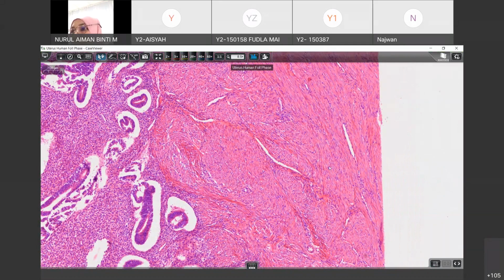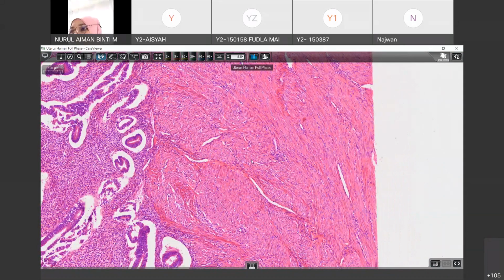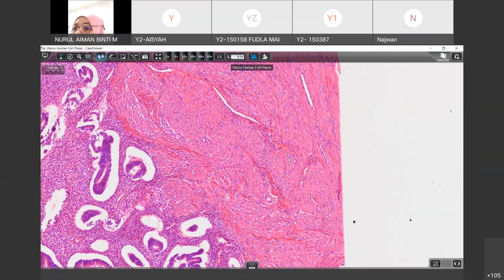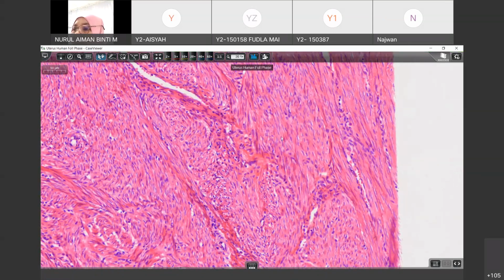This is the inner circular, this one is maybe oblique, and this one is maybe the longitudinal arrangement. It is not really well arranged because it is covering the uterus and is really compact. The arrangement is haphazard. Basically, these are all the nuclei of the smooth muscle inside the myometrium.